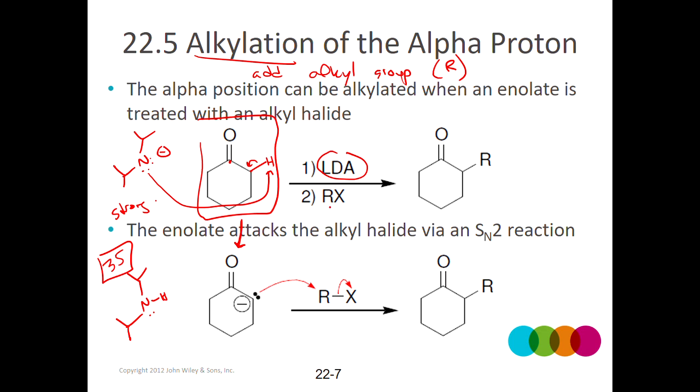Once it forms, then in the second step, I'm going to add an electrophile with the leaving group. The limitation here is this must be a primary carbon that the leaving group's attached to. And so if it's a secondary carbon that the leaving group, just put Lg here for leaving group, if I put a leaving group on a secondary carbon, there's too much sterics, and what will happen is this will end up doing an E2 elimination instead of the SN2 backside attack that pushes out the leaving group and adds an R group to that site.